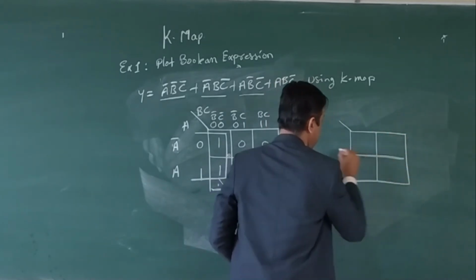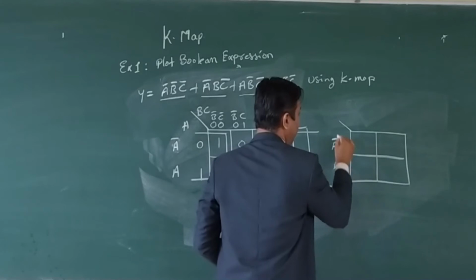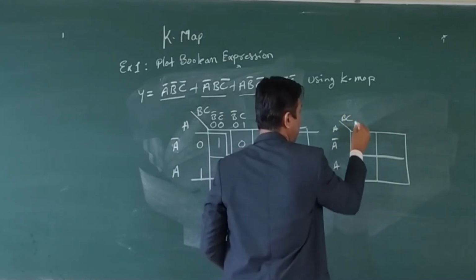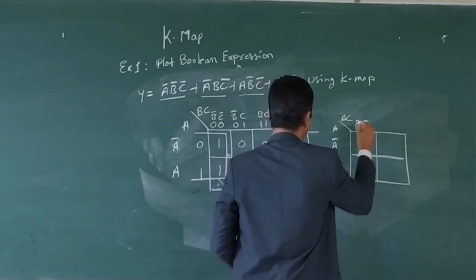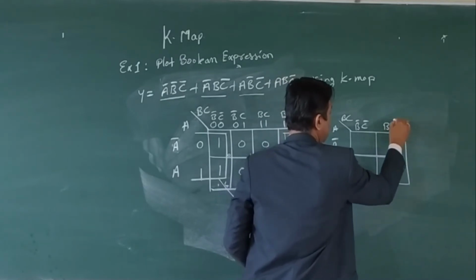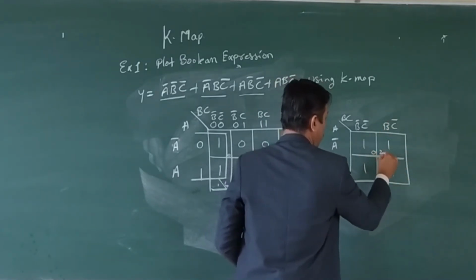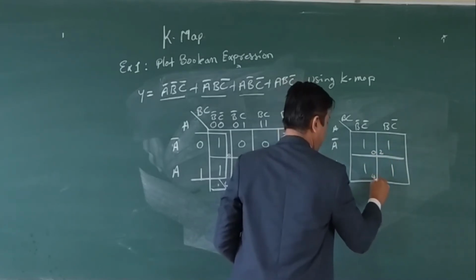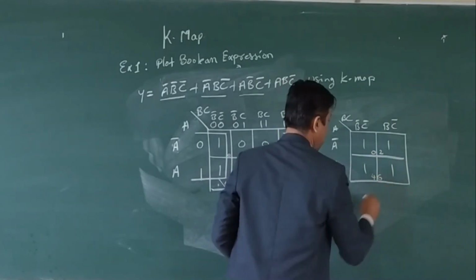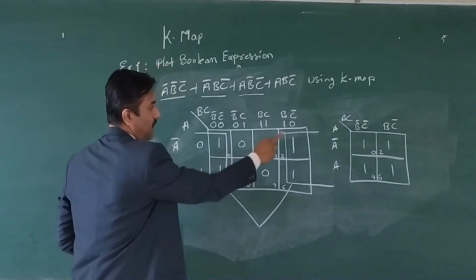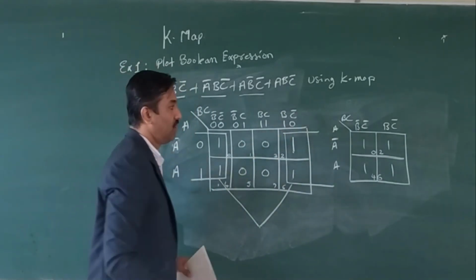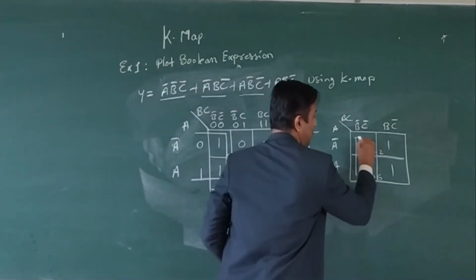I will plot it. It is A bar and A, B C, B bar C bar, and B C bar. So here, this is 0, 2, 4, and 6. Just a representation of this I have shown here.